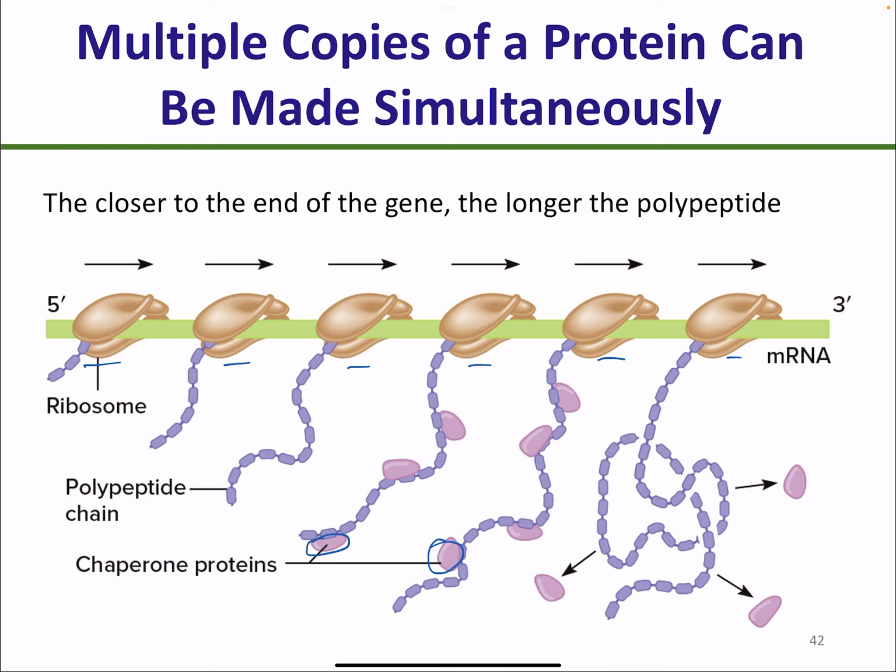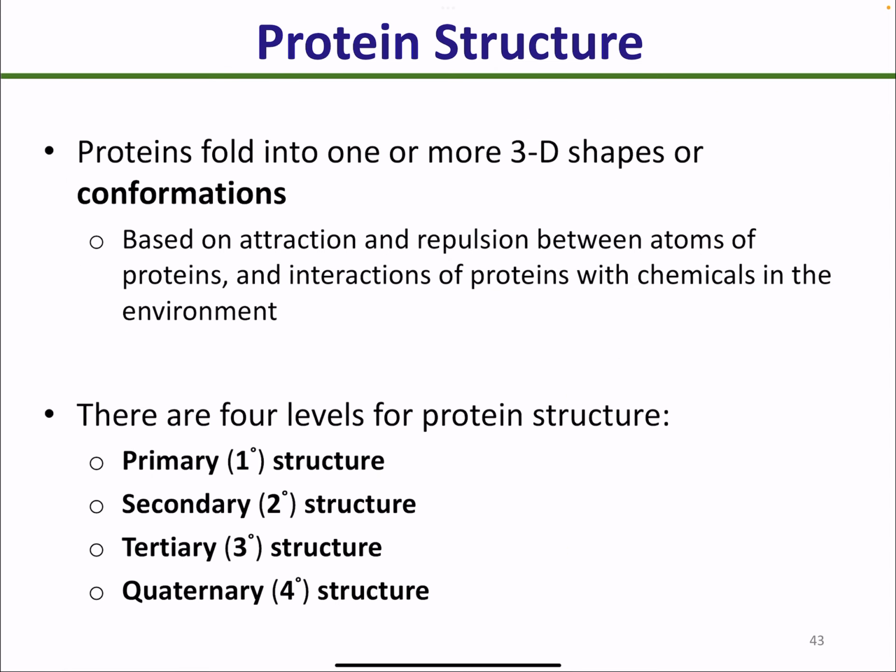Now, proteins can adopt 4 levels of structures. Okay? These 4 levels of structures are the primary structure, the secondary structure, the tertiary structure, and the quaternary structure. But what is the difference between all of this?